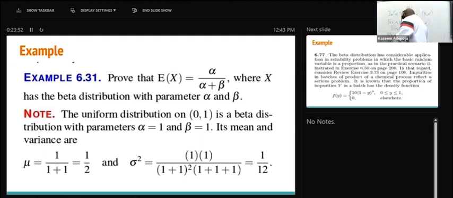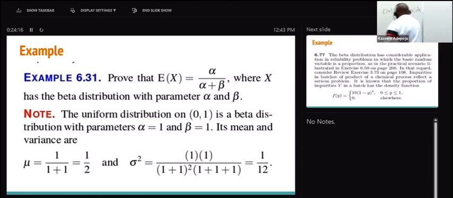So let me remind you. I'm going to remind you now. Okay. Now, if I want to find the expected value of x, it's going to be the integral from 0 to 1 of x f(x) dx.